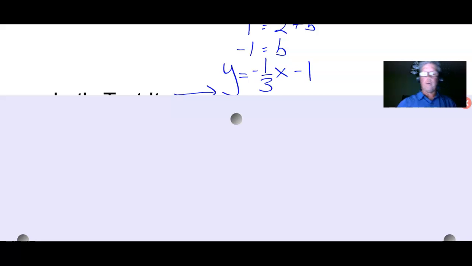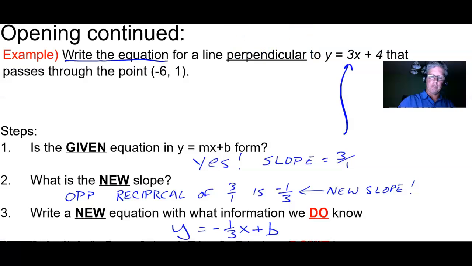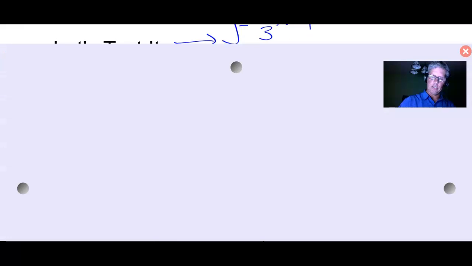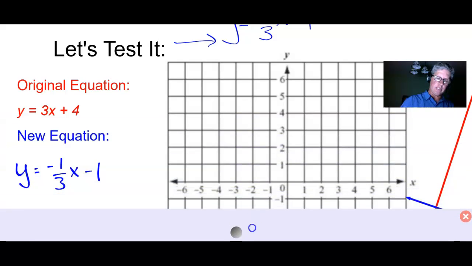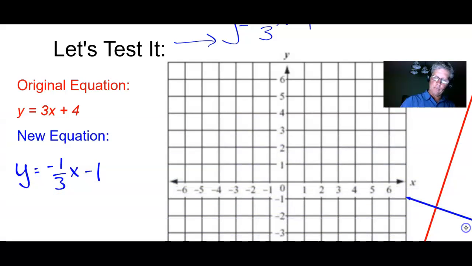Wasn't that cool? We're done, but of course we want to check it and make sure it's right. So we can just slide this down and let's test it. We can graph both of these. 3x plus 4 means we go to 4. The rise is 3 over 1, so up 3 over 1.